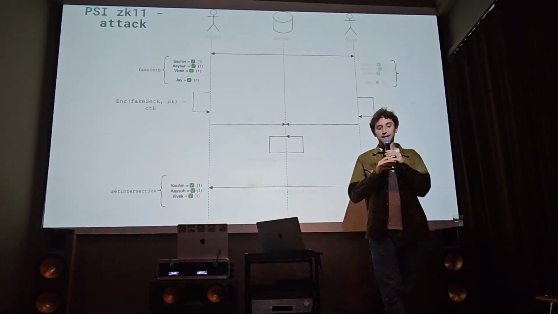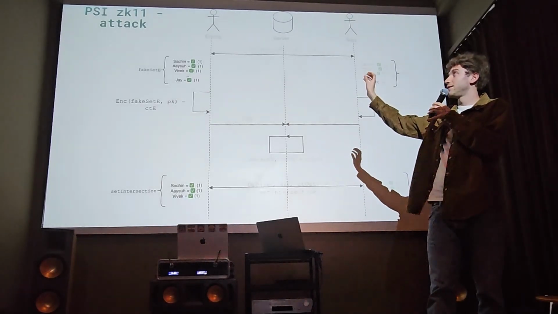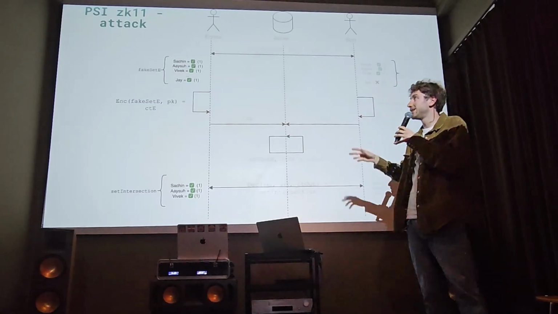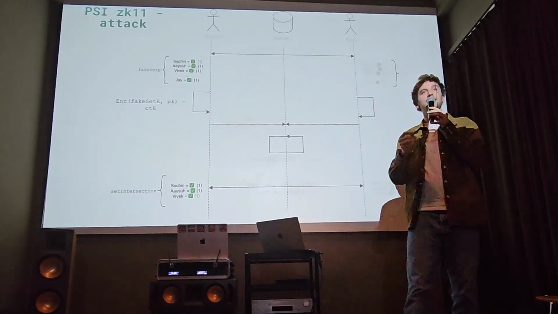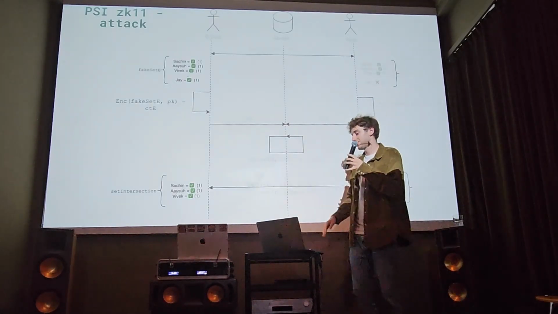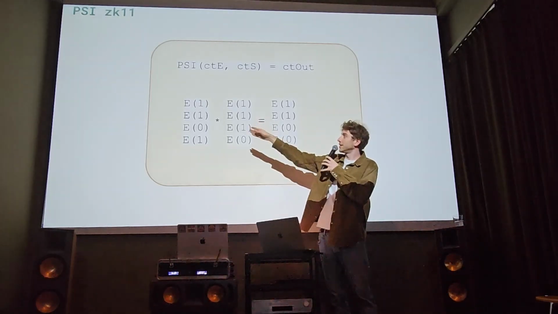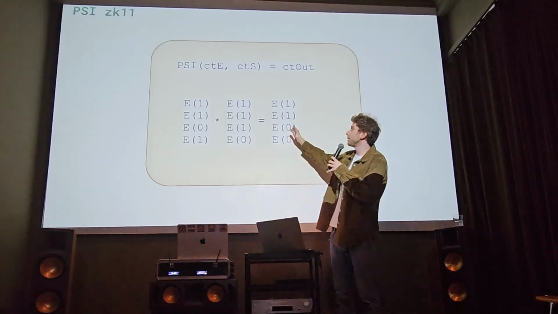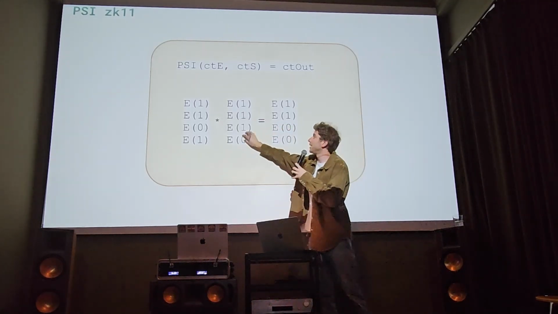So the attack is simply performed by changing the set into a fake set, and this fake set will just encode basically ones at every index. And the result, so if you remember this slide, if the bits on the left are all 1, it means that the resulting vector will basically be equal to this.